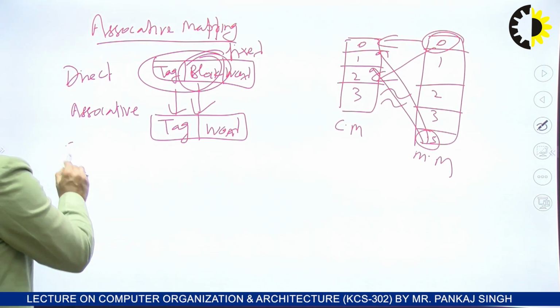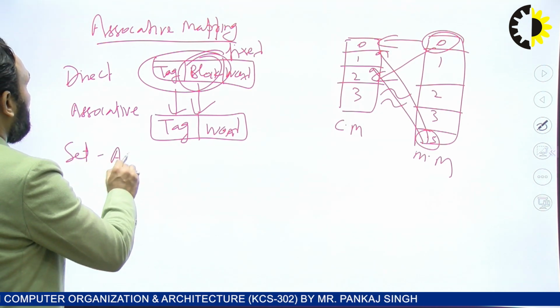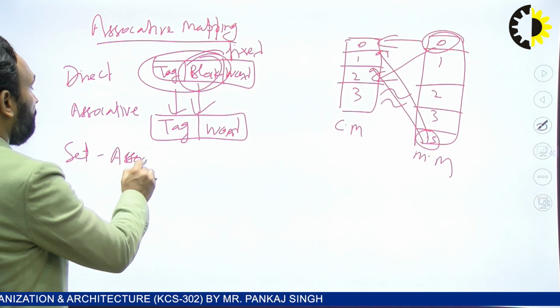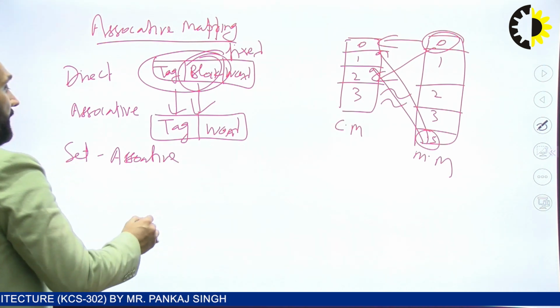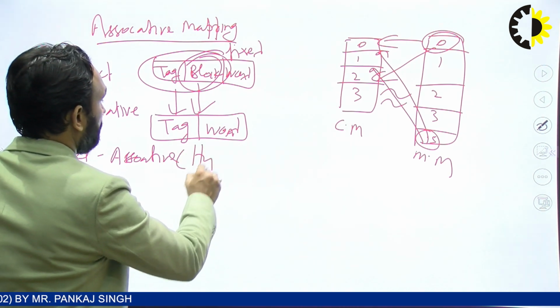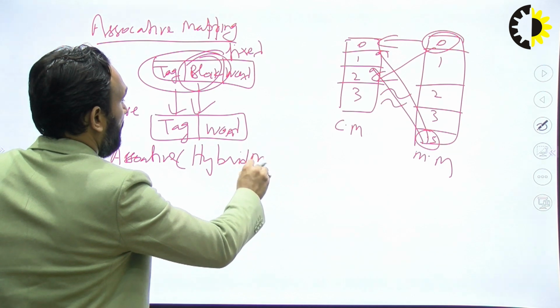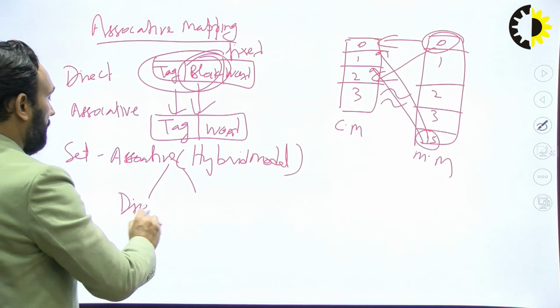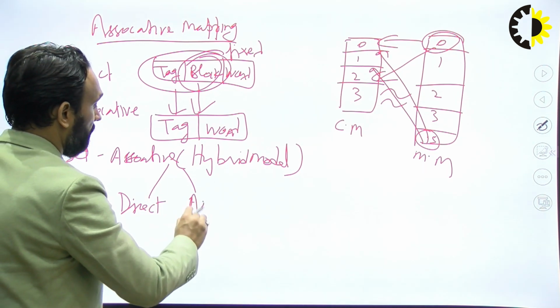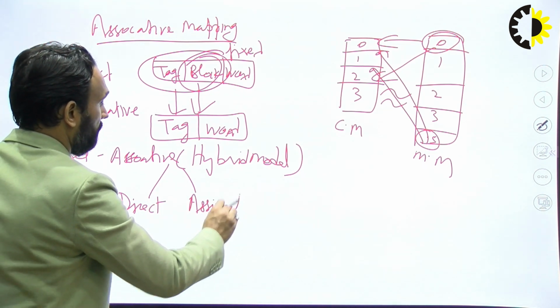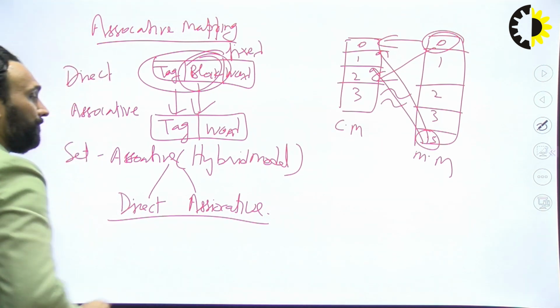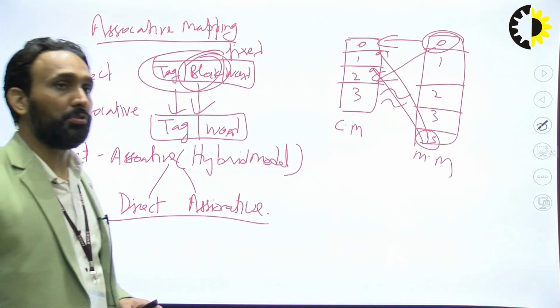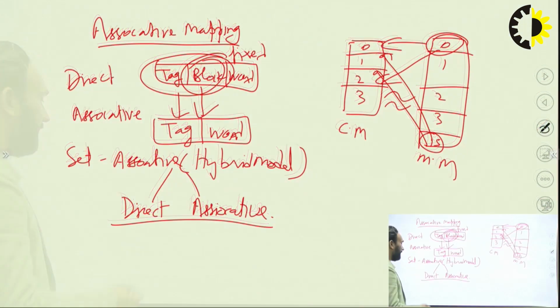What is set associative? Set associative is nothing, just an extension, or we can say a hybrid model, in which we use both approaches, direct and associative. Okay, it is a combination of both approaches. As per requirement, we use these methods.